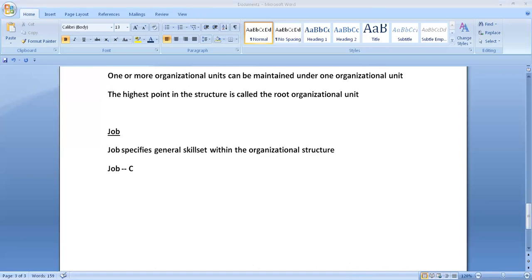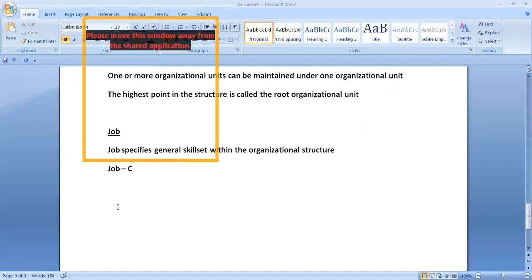For example, I can say some manager or some executive.